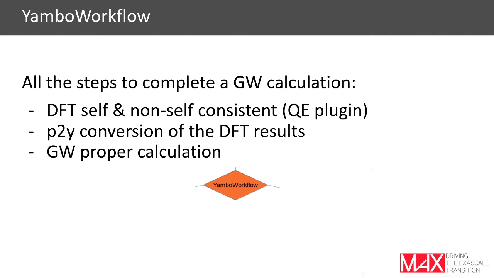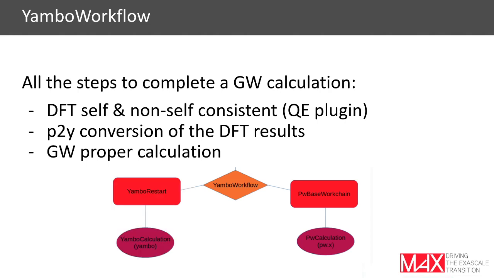The next level work chain is the so-called YamboWorkflow, which takes care of all the necessary steps to run a GW result. So, starting from the DFT calculations within the PW-based work chain of the AiiDA Quantum ESPRESSO plugin, to the GW calculation through the YamboRestart work chain.